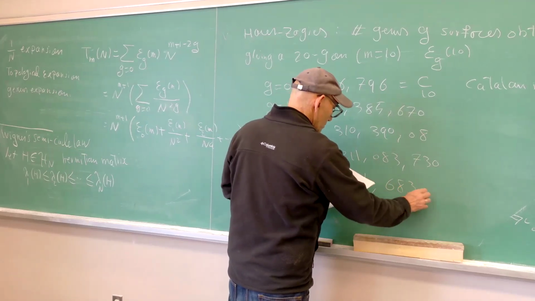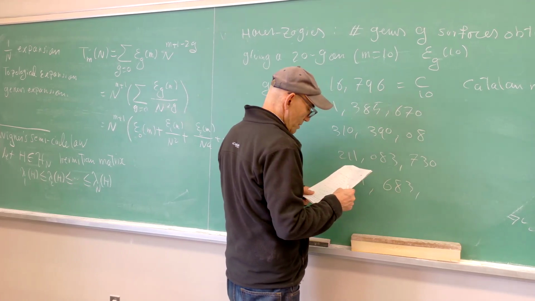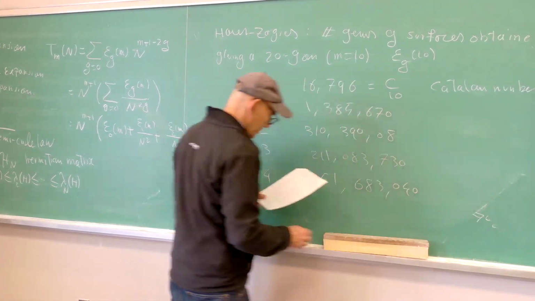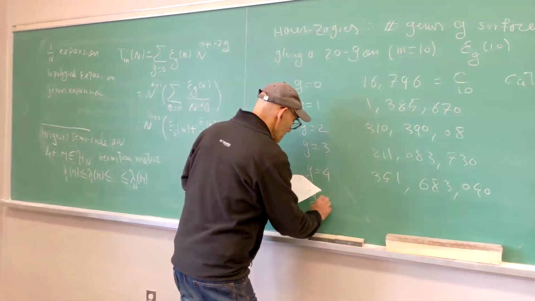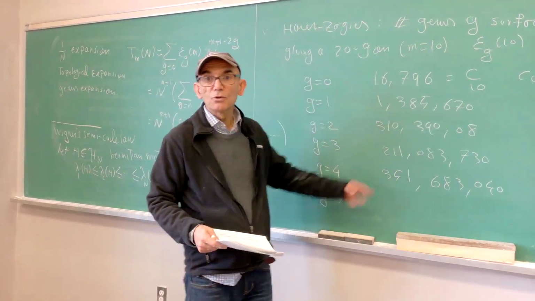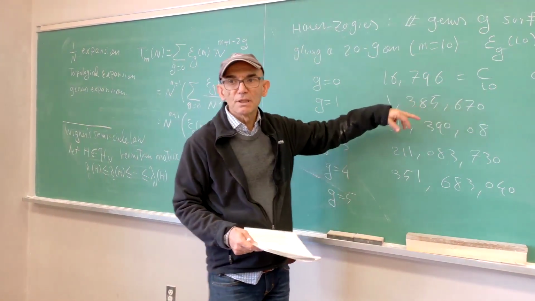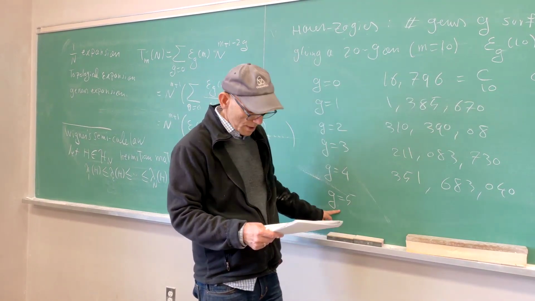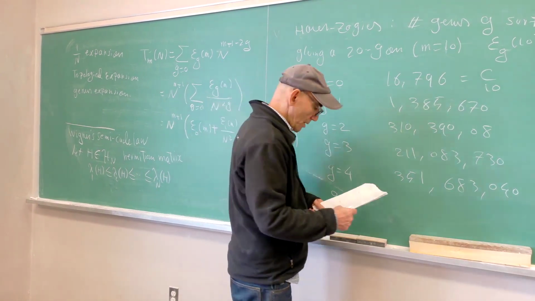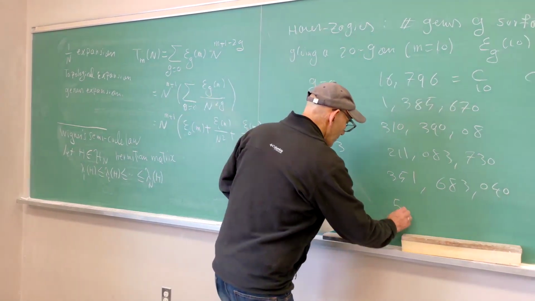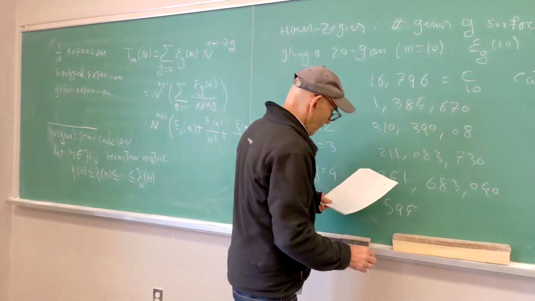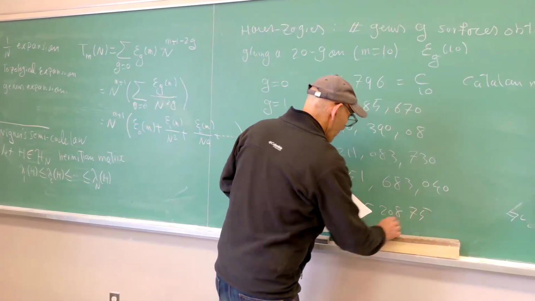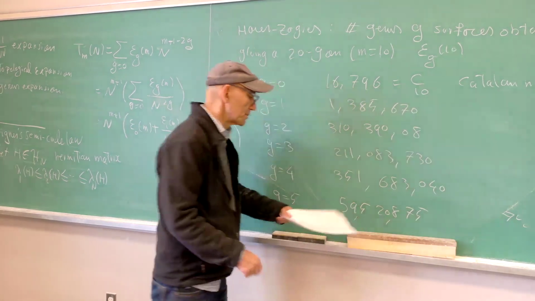No, I made a mistake. No, that's correct. 40 cases. And that's the maximum genus, you get 5, because you can't go more than a quarter of the number of edges. The number of edges is 20, you can't go more than 5. Genus 5 is the maximum. And then you get 595, 208, 59 million.